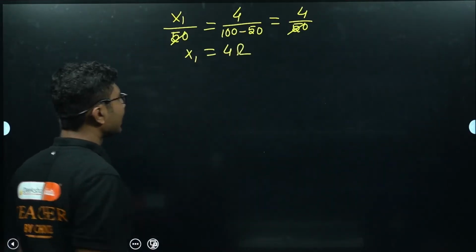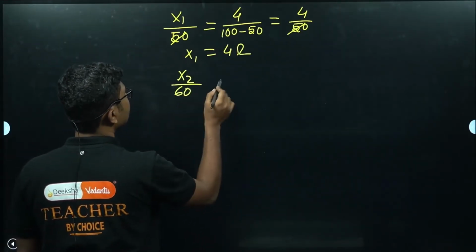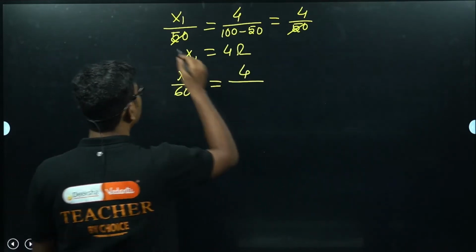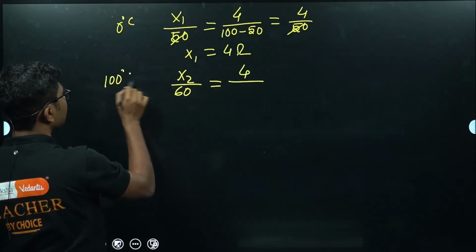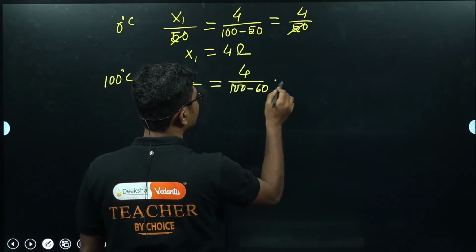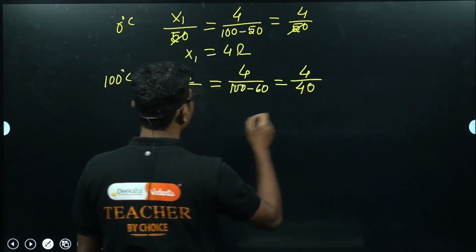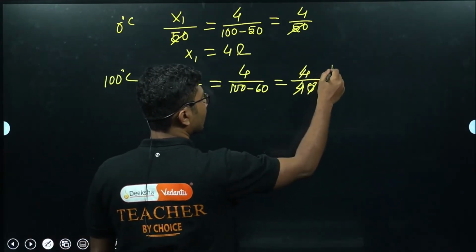Now what is X2? X2 is at 100 degree Celsius, 60 centimeter. So 4 by 100 minus 60, that is 4 by 40. The 0s cancel, the 4 cancels, so only 1 left.